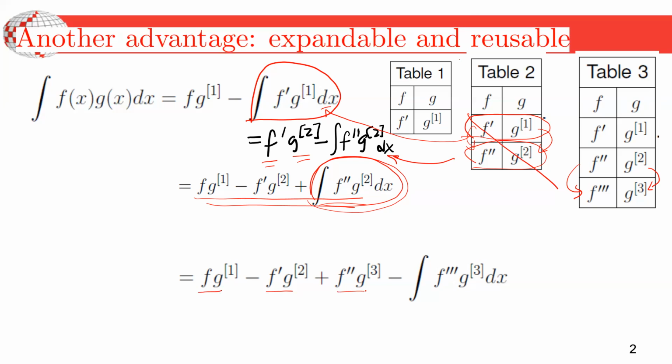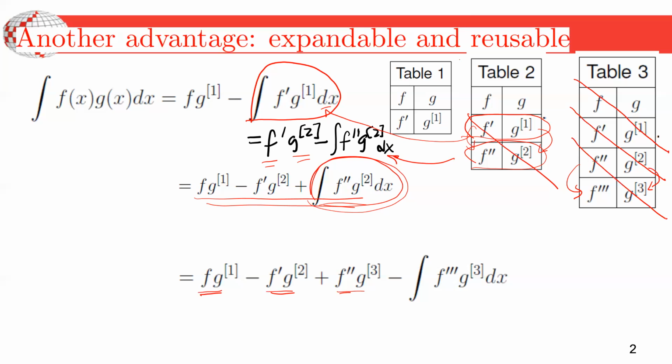You notice that they are the three diagonal products: first diagonal product, second diagonal product, third diagonal product: f times g1, f prime times g2, f double prime times g3.